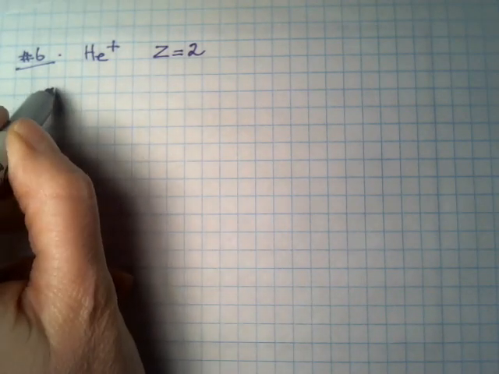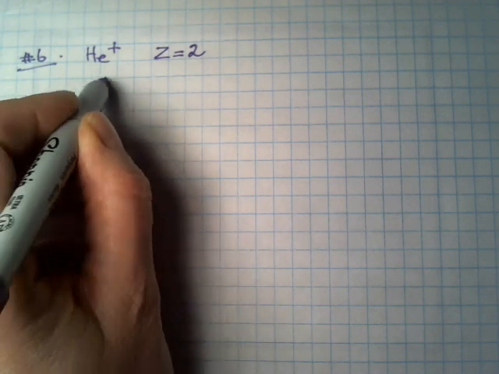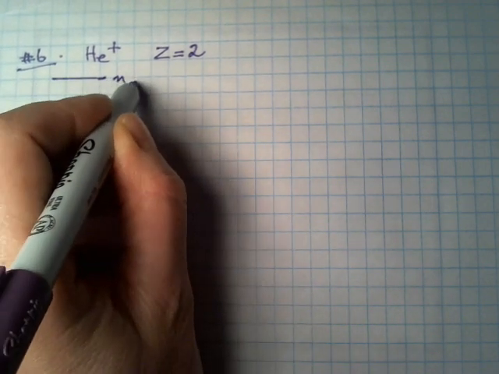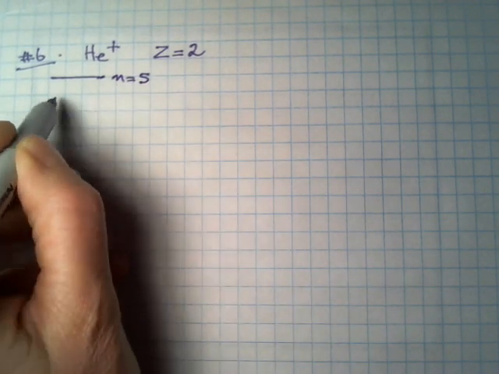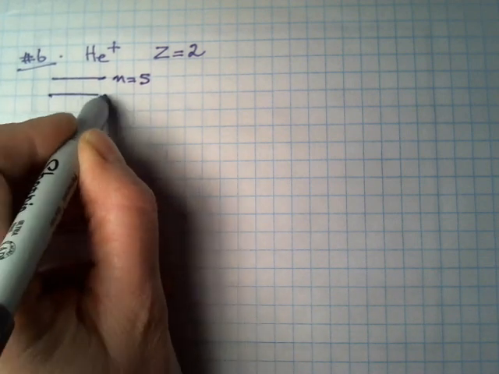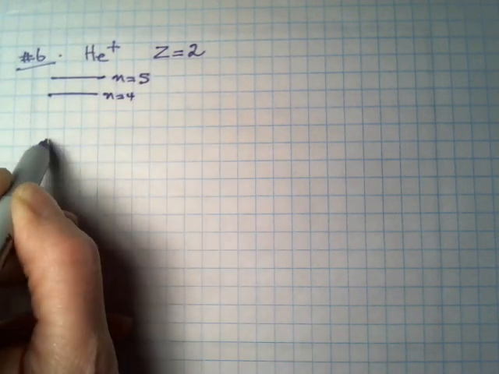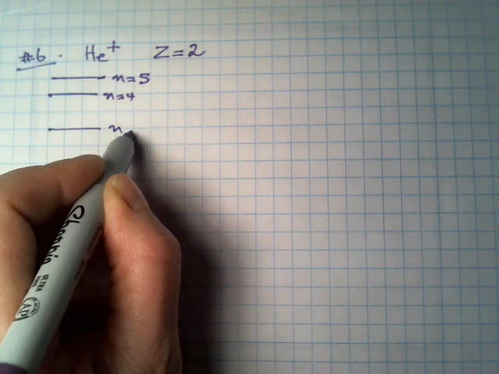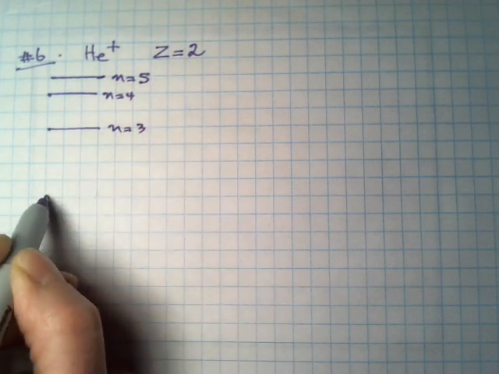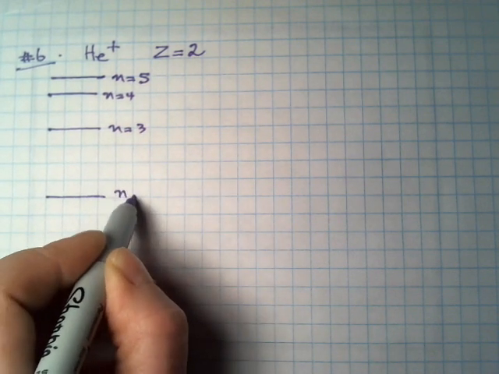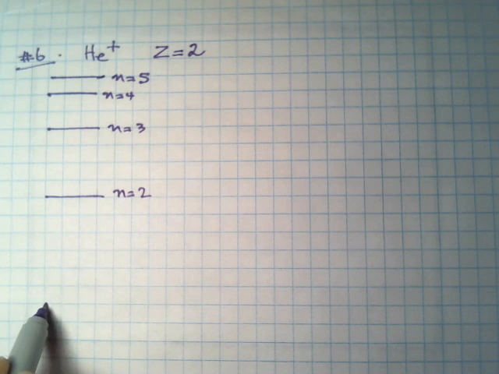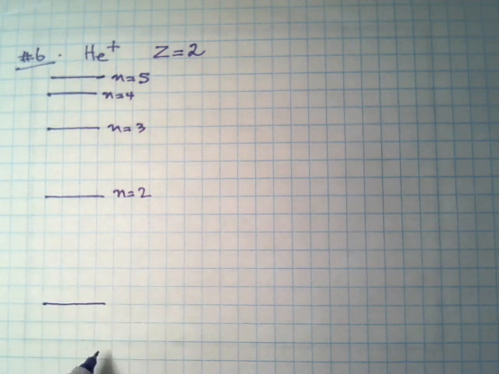So I have n equal to 5, and lower than that n is 4, and a bit lower than that n is 3, and a lot lower than that n is 2, and much lower than that, although I want to stay in view, I have n is equal to 1. It's certainly not to scale.